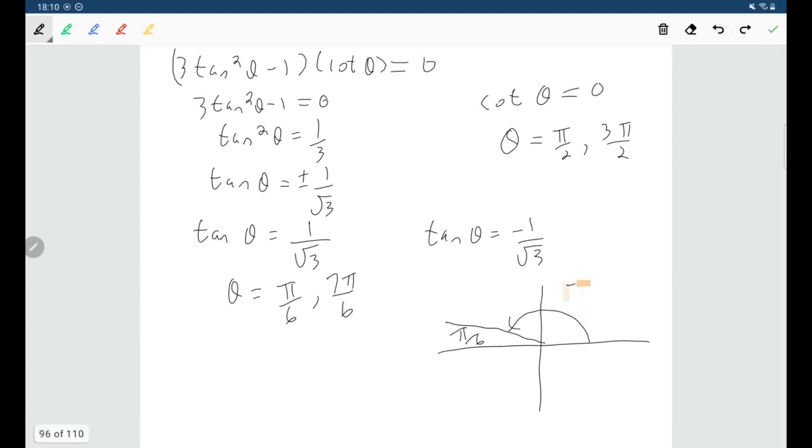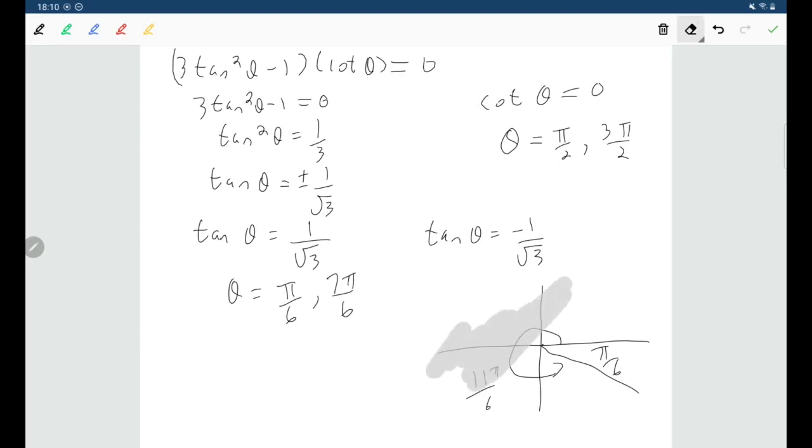And the other place where tangent is negative is quadrant 4. And in quadrant 4, with a reference angle of pi over 6, the angle must be 11 pi over 6. So for tangent of theta being negative 1 over root 3, there are two values that we find: 5 pi over 6 and 11 pi over 6.